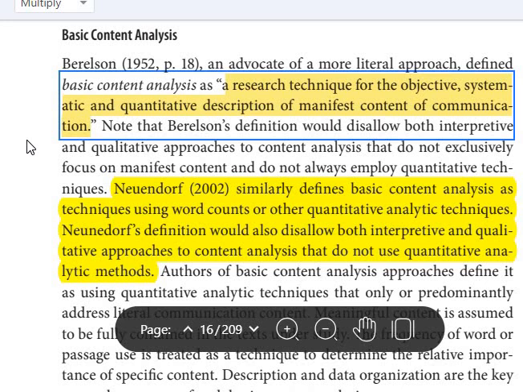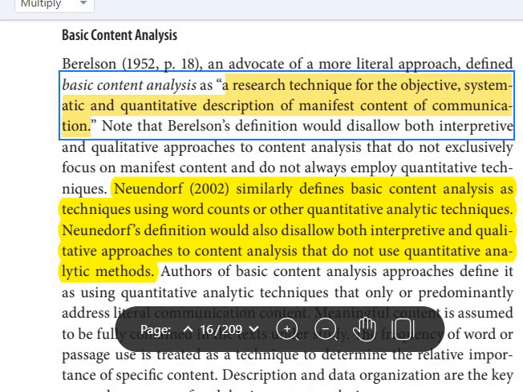How can we describe that? Through focusing on the manifest content of communication. How? With the use of statistics. Here it says that Neuendorf, in 2002, similarly defines the basic content analysis as techniques using word counts or other quantitative analytic techniques.